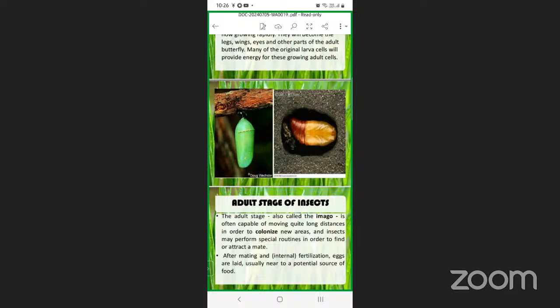So that is where we see the workers, and there are also drones in the life cycle of the honeybee. We see drones which act like males, workers which visit the flowers and get the honey, and the queen bee which feeds on the nutritive substance of honey, called royal jelly, and becomes the queen of that colony.